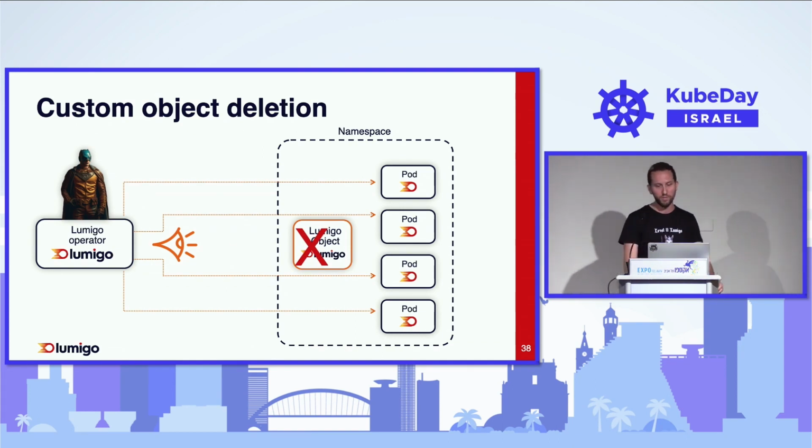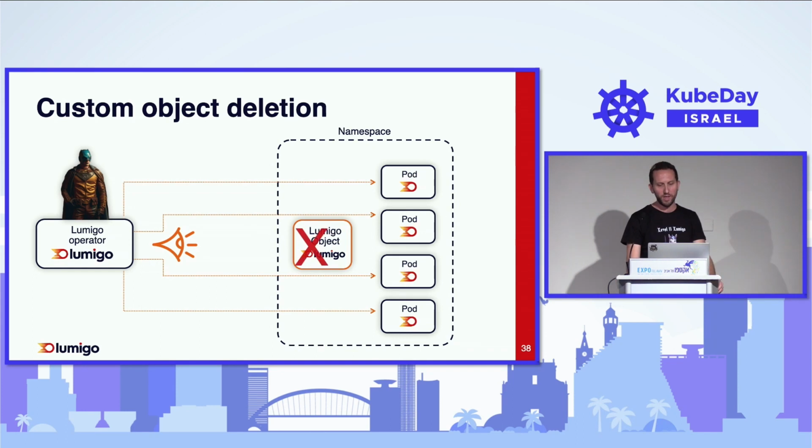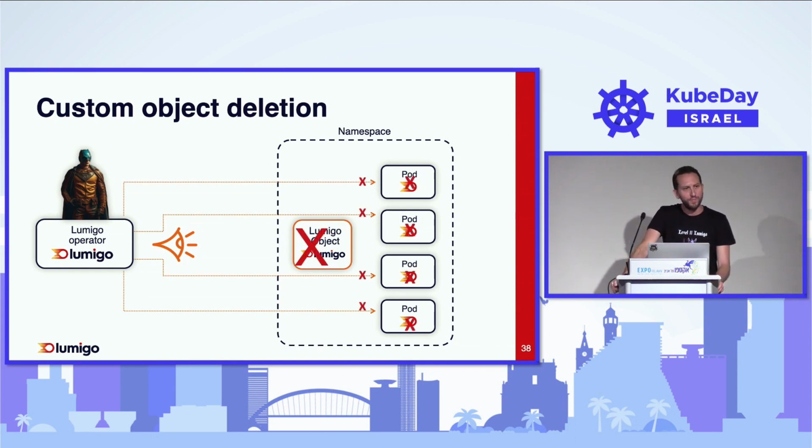We watch for that. The operator goes and uninstruments all of the pods. So it goes and removes pod by pod all the Lumigo tracers. Eventually, it also removes the watch. So step by step, basically removing every trace of Lumigo in that namespace where we deleted the object from.